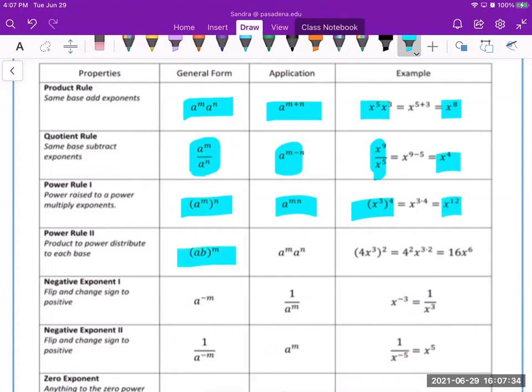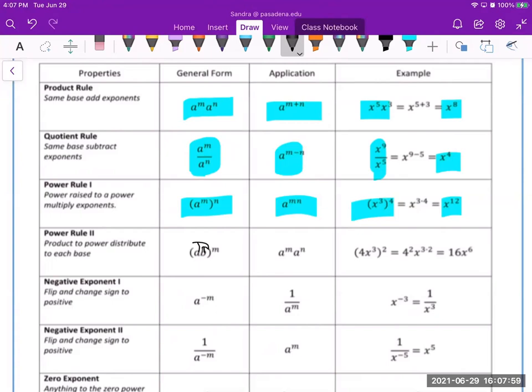Here's power rule number 2. It says in parentheses a times b raised to the n power. You multiply the exponents. We're assuming here that the exponent of a is 1 and the exponent of b is 1. So the exponents right here are 1.